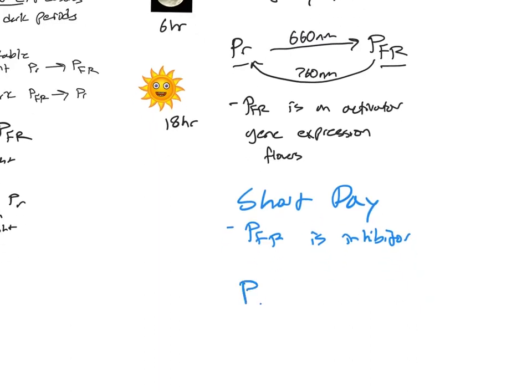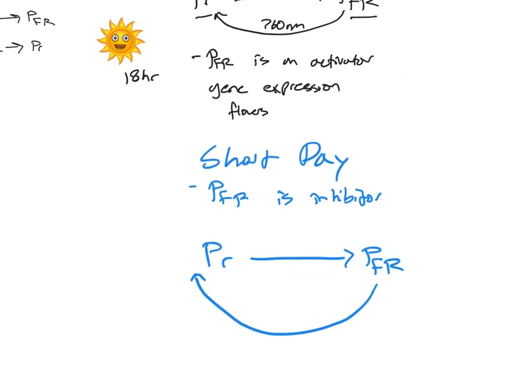We've got PR, and during the day, just like the long day plants, the PR is being converted to the PFR, and then at night, the PFR is being converted to the PR. And I drew this arrow here a little bit bigger for the night, the far red light. I drew this larger because in the short day plants, the days are literally shorter. And so there's going to be more hours for the PFR to be converted to PR.